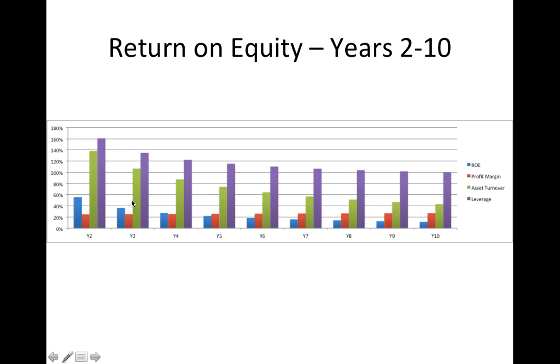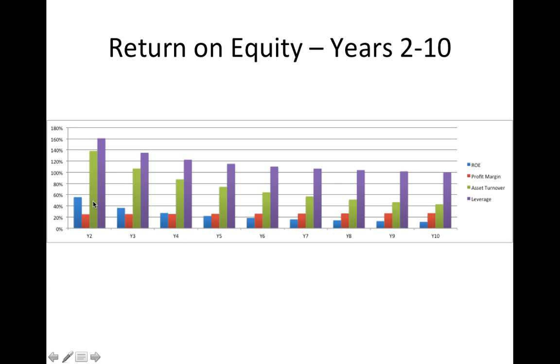And if we want to know why that's happening, we can break it down. The profit margin is staying about the same, so it's not because of the operations per se. Our assets are growing, and so our asset turnover is going down. Our assets are growing because they include that big cash amount.